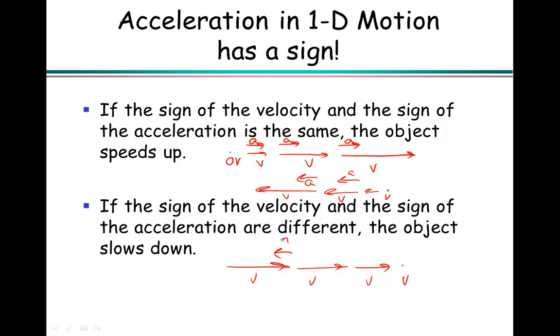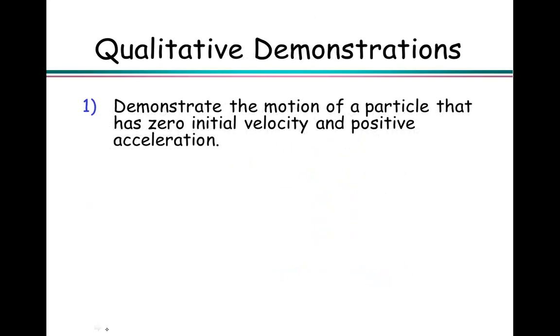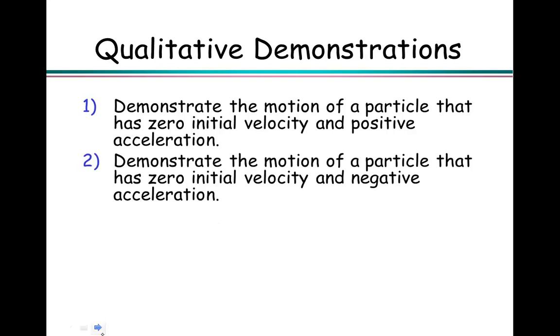It points in the other direction. And the change from the previous velocity to that velocity would be that much. And so would that change. So the acceleration points in the opposite direction when the velocity is slowing down. So we're going to have some different demonstrations here. These we will go over in class.